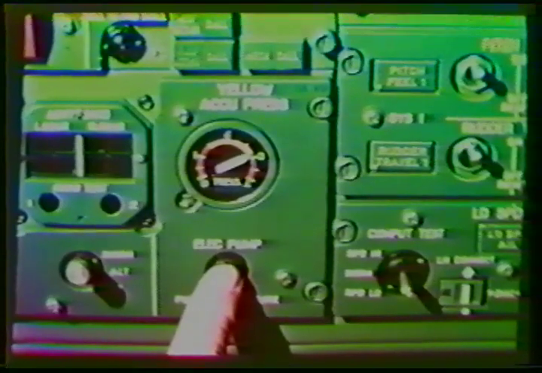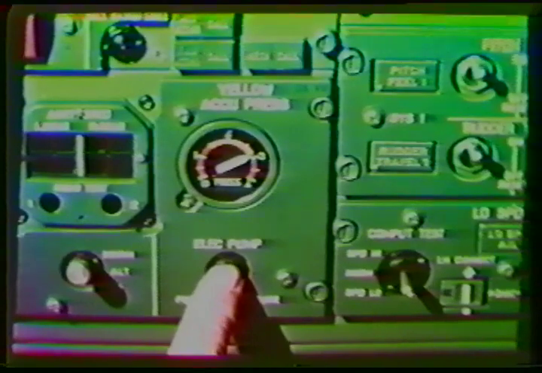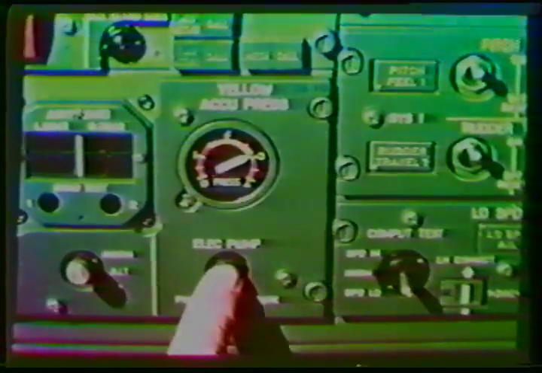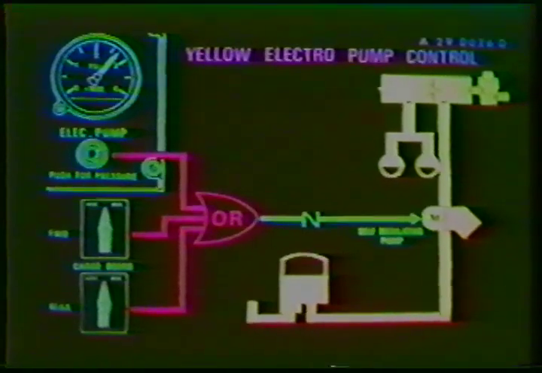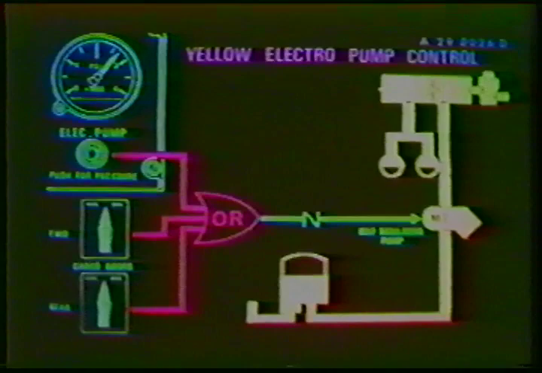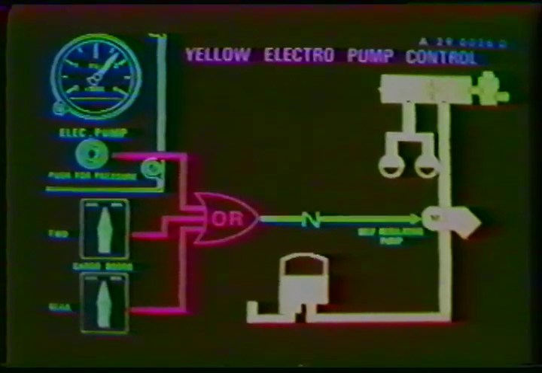The pressure is read on the gauge above the push button. This electric pump is self-regulated with a pressure output of 3,000 psi. This illustration shows the logical relationship of pump controls and the related section of the yellow system.